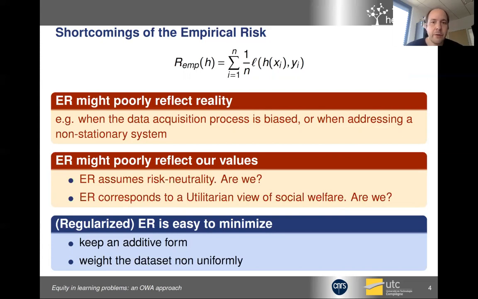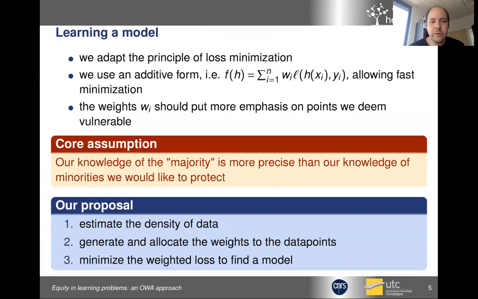But still, empirical risk is very nice, especially if the loss function is convex, because it has an additive form, and we would like to keep the additive form but weight the data set non-uniformly. So the idea in our proposal is to keep what is good about the empirical risk and try to remedy what is bad about it.